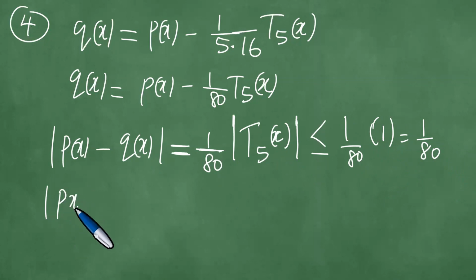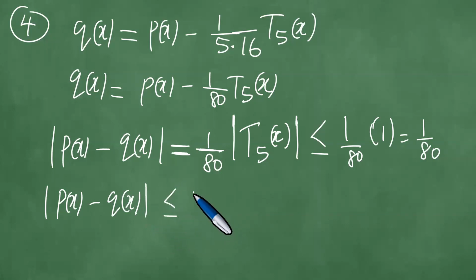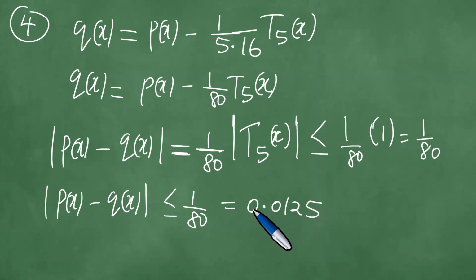So that P of x minus Q of x is less or equal to 1 out of 80, which is 0.0125, when minus 1 is less or equal to x, less or equal to 1.